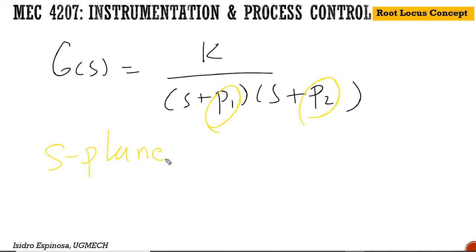So the root locus technique is a graphical method of drawing the locus of roots in the S plane as a parameter is varied. In fact, the root locus method provides an engineer with a measurement of sensitivity of the roots of the system to a variation in the parameter being considered.